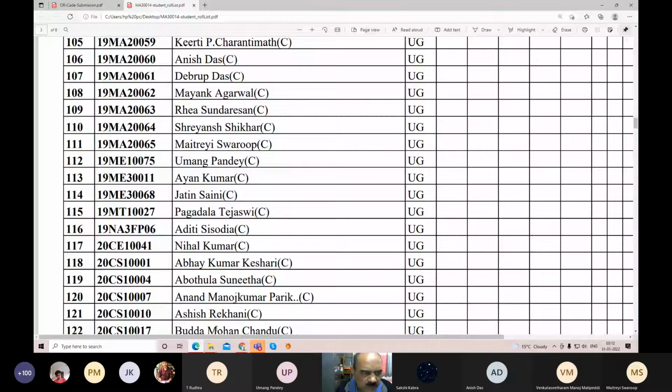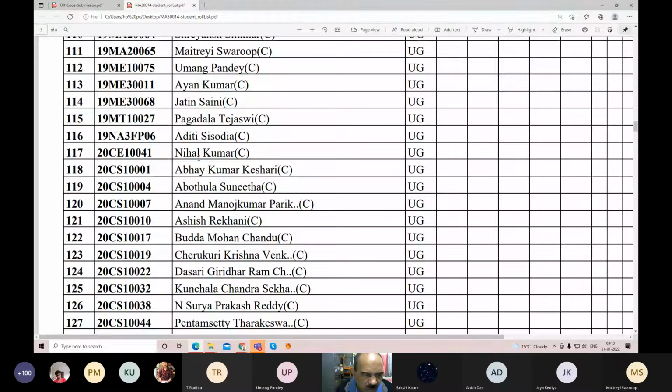116, 117, 118, 119, 120. 116 Aditi. Sir, 120 is present. Okay, 117 Nihal. 118 Abhay Kumar. 119 Sunita. 120 Anand Manoj Kumar. Yes, sir. 120 is there? Yes, sir. Okay. Sir, 118 is there. You are the group leader.